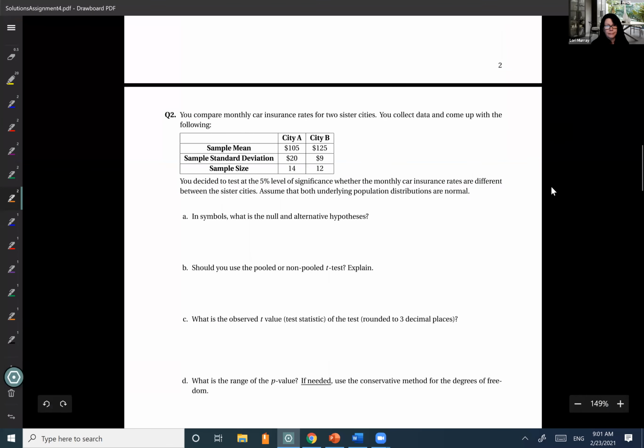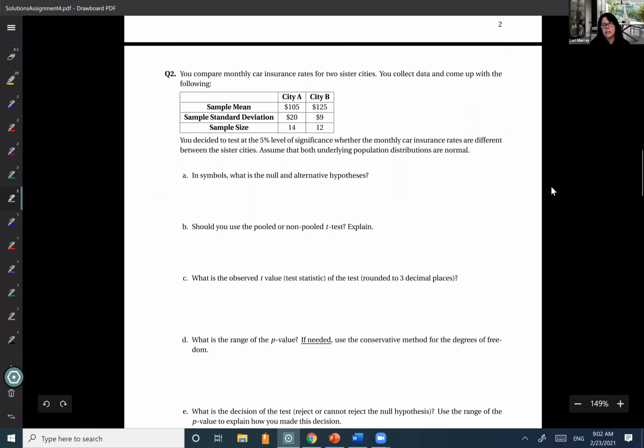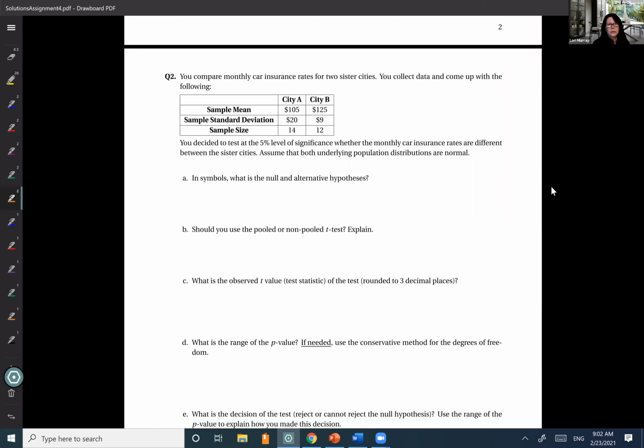Question 2, right? You compare monthly car insurance rates for 2 sister cities. So who knows what it is, Toronto and London, or Vancouver and Toronto. You collect data and come up with the following. So we have here sample means 105 and 125.